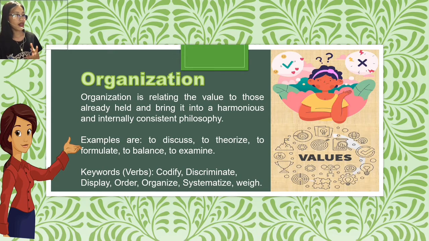For example, he or she witnessed his friends stealing a book. He will then decide which is more important, to tell the truth or to be loyal to his friend. So the learner will organize a specific value and decide which should be given priority.